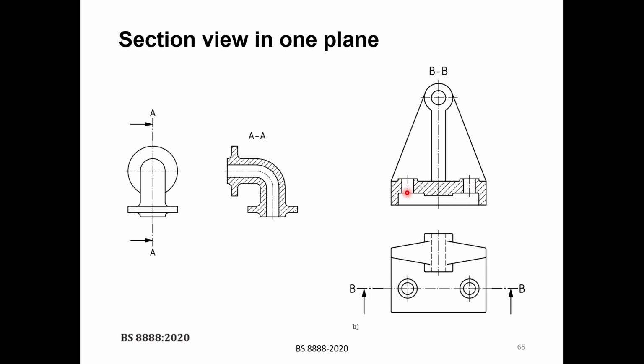Also these two slots won't be clear. But if we cut across here, these two holes, using sections, we'll be able to see the cavity here and these two holes as well. And then here you have section BB, here you have section AA, and you are able to see the hidden detail more clearly.